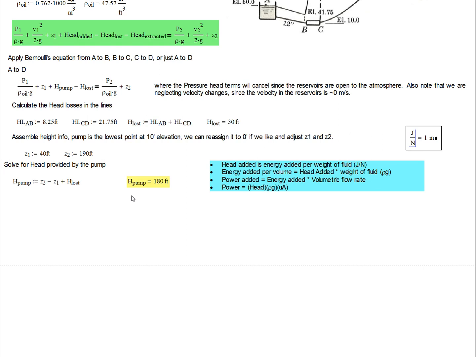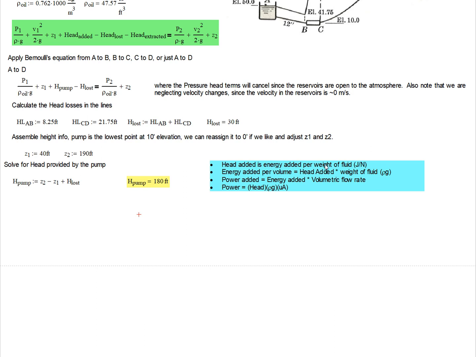So that's why our head, H pump, we can put in meters: 54.86 meters. All right, now we need power.